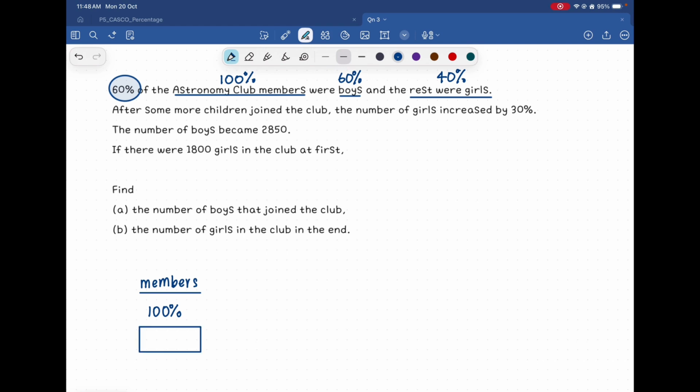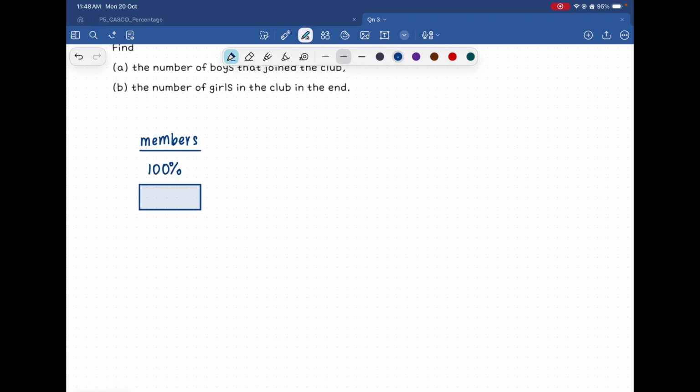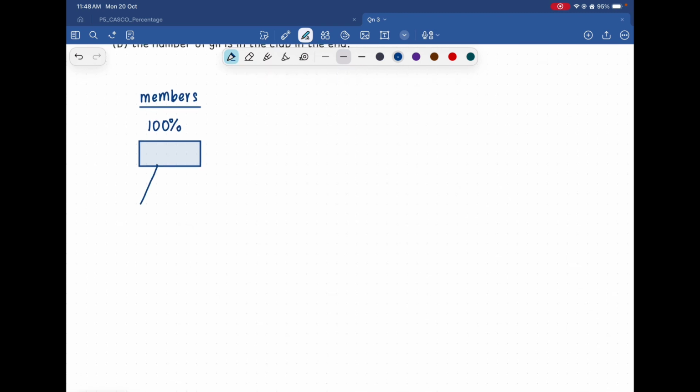We are not sure. We will draw a box to represent it. There are two groups, boys and girls. How many percent of boys are there? 60%. And there are 40% of girls. The actual number for each of them, we are not sure.